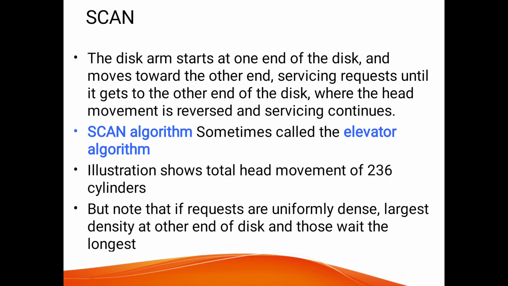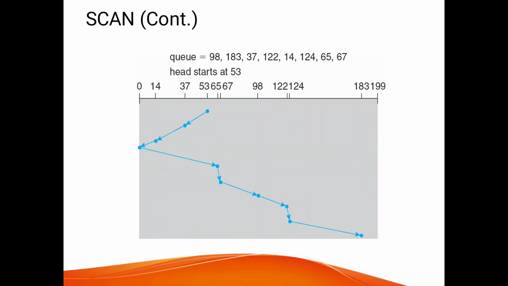The illustration shows the total head movement of 236 cylinders. But note that if requests are uniformly dense, the largest density is at the other end of the disk, and those requests wait the longest. This illustration describes the head starting at 53, with the queue in this form.